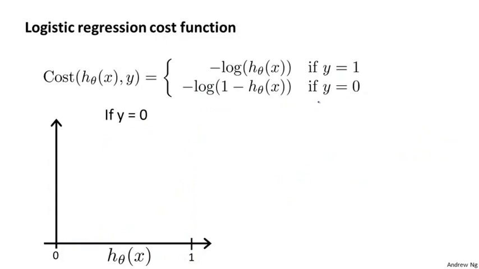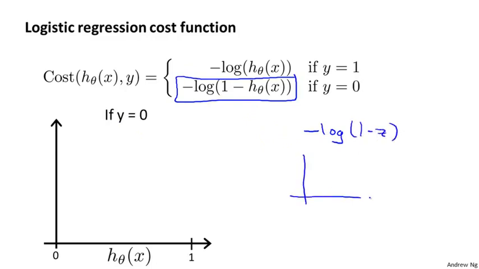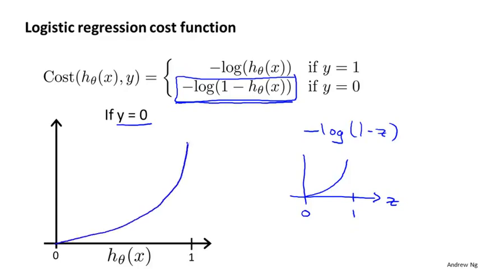Let's plot the cost function for the case of y equals 0. If you look at this expression, and if you plot minus log 1 minus z, you get a figure that looks like this, which goes from 0 to 1 with the z-axis on the horizontal axis. So if you take this cost function and plot it for the case of y equals 0, what you get is a cost function that looks like this. And what this cost function does is that it blows up, or goes to positive infinity, as h of x goes to 1.